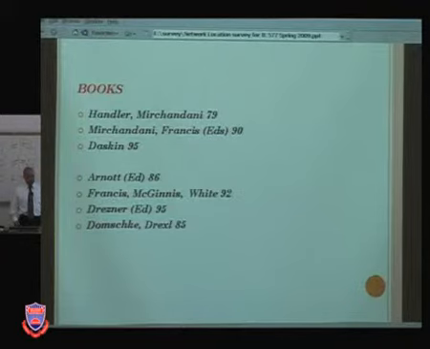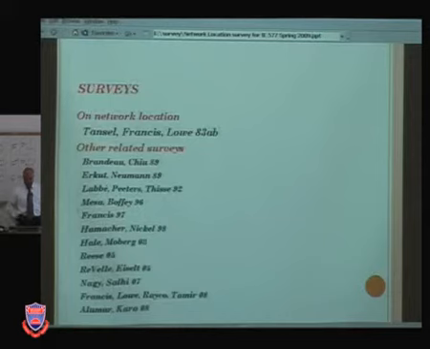Nevertheless, they are good reference books if you need to look at them. There's only one survey directly on network facility location. That's the one that appeared in Management Science in '83. There are other related surveys, so if you're interested in them, I can provide you with a list of these papers.